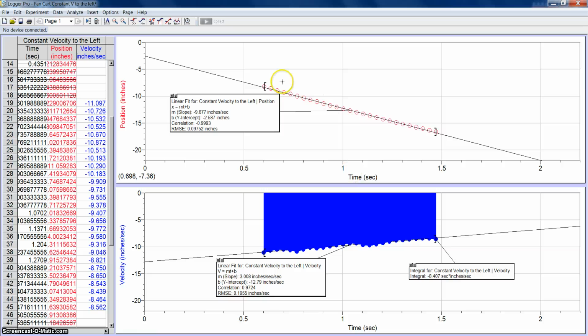If we look at our position time graph, our position goes from, I'd say, negative 7 maybe to negative 16, which is approximately what our integral is. So that's that again.